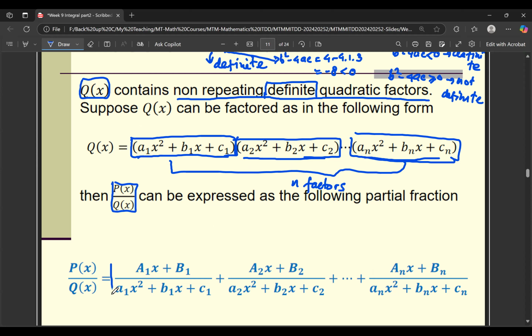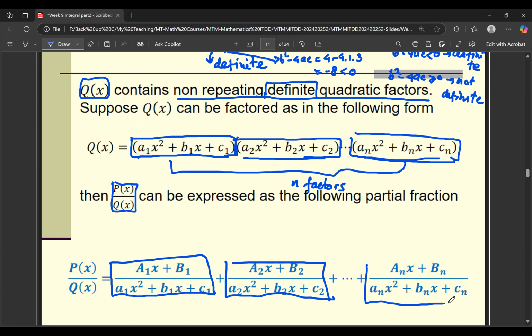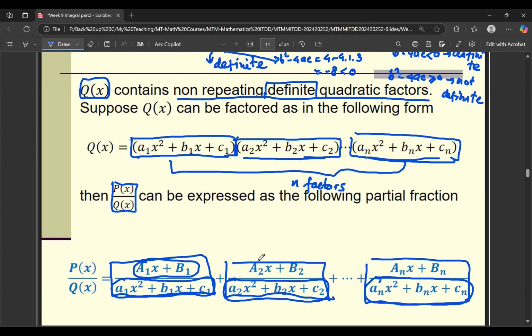So we also have partial fraction components 1, 2, up to n. Each component has a denominator that is the quadratic itself, as in the factors of Q(x), and a numerator that is linear.